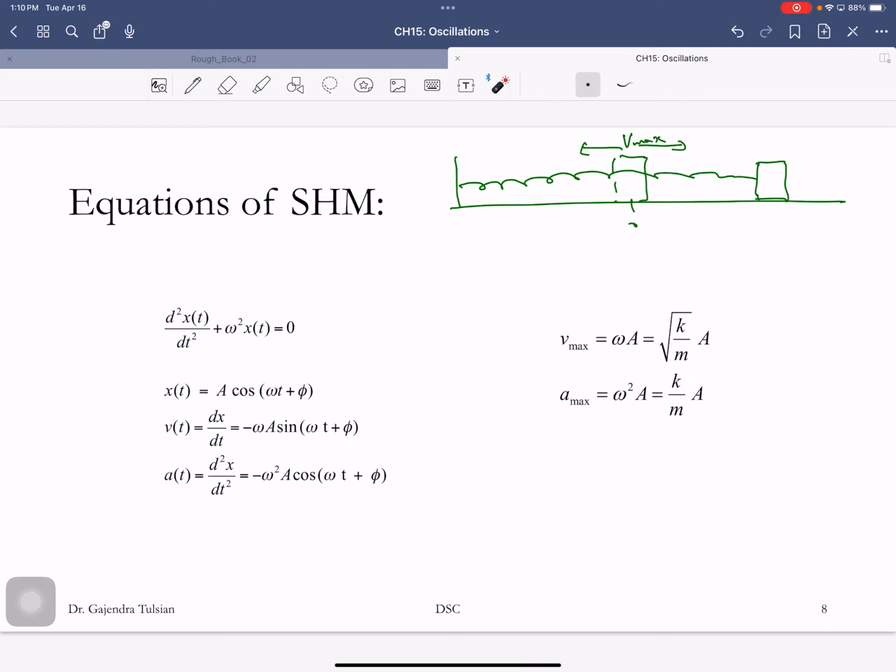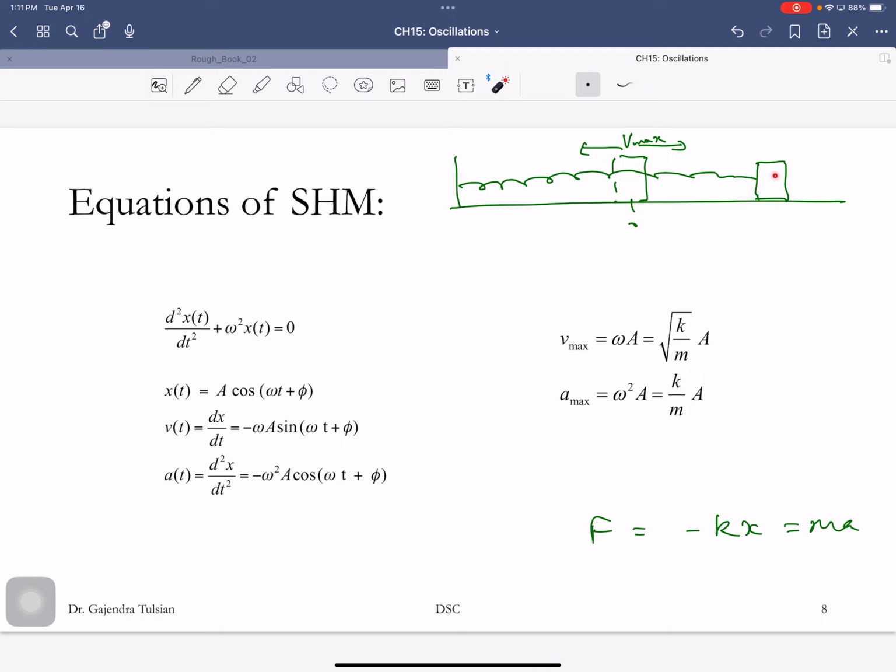When will the acceleration be maximum? At the extreme points. Very good. So force is minus kx, equal to mass times acceleration. Acceleration is greatest when the force is greatest, and the force is greatest at the extreme points.